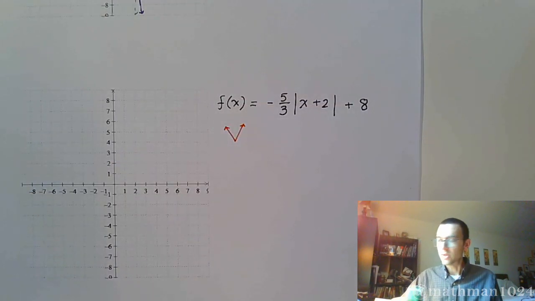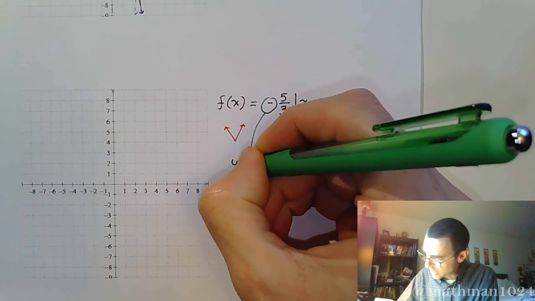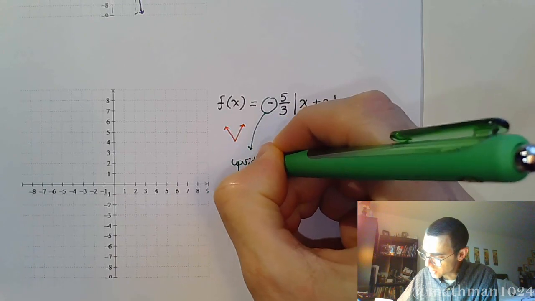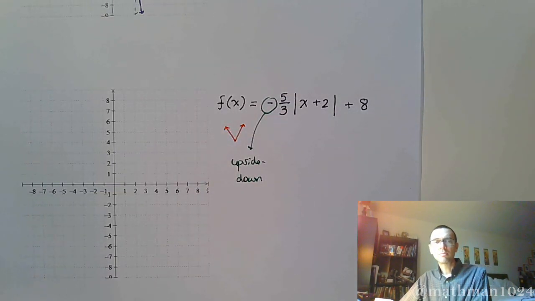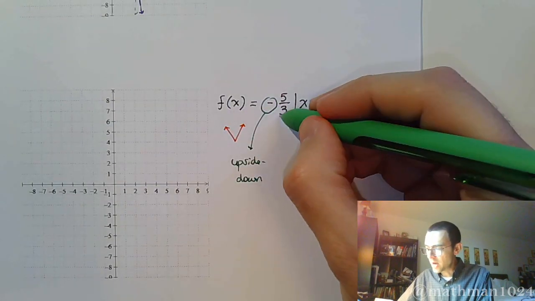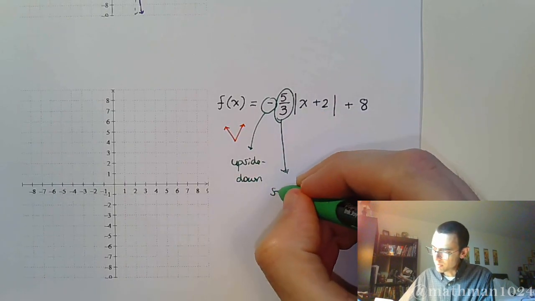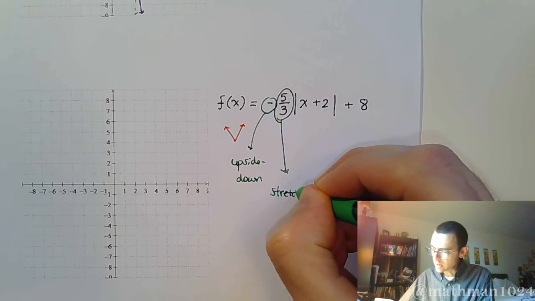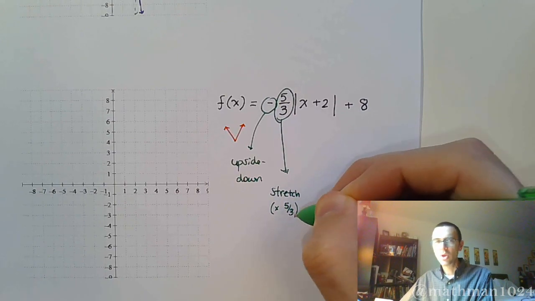And let's look at the rest of this. The negative tells me that I'm going to take that V shape and I'm going to turn it upside down. The 5/3, believe it or not, is going to give me a vertical stretch by that factor of 5/3. You might be saying, why is it a stretch?